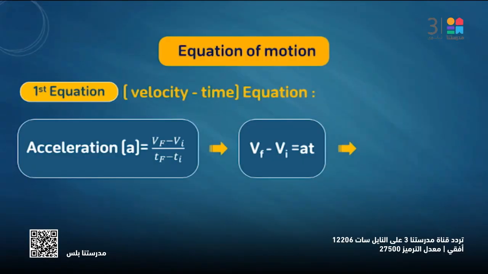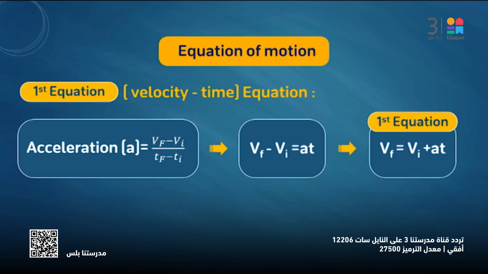t final minus t initial is still delta t, or time in general. So it will be multiplied by a, which equals v final minus v initial, and v initial will be moved to the other side with a positive sign. So vf equals vi plus at.